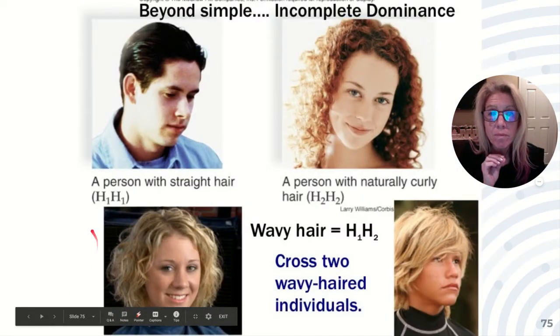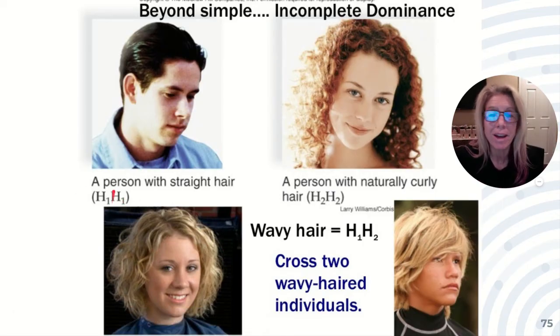All right. Now, I encourage you to try this. This also works with hair. So straight hair is H1. I can always remember that because the number 1 is straight, right? And curly hair is H2, because 2s are curly. If you had these two mating, then you would have an H1H2 hybrid, and that would be wavy hair.